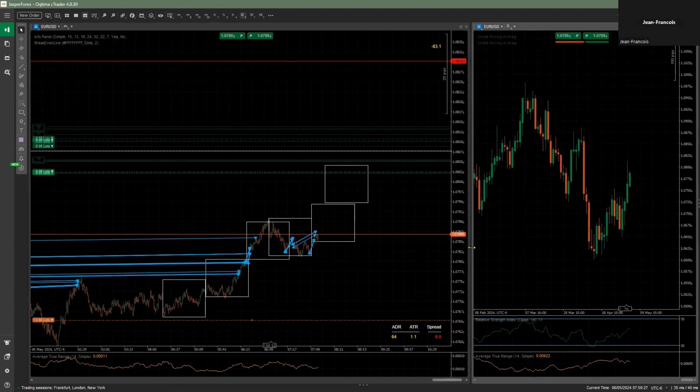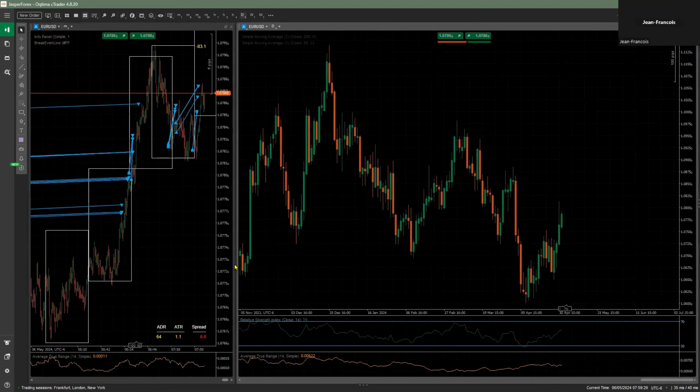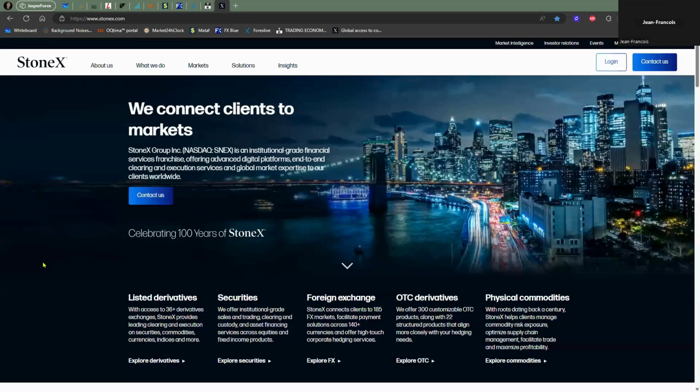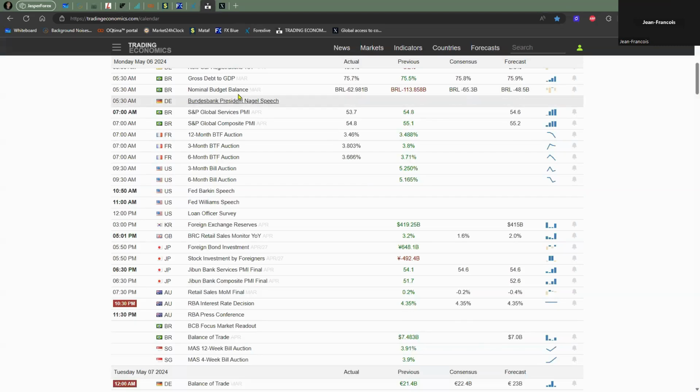So, daily chart and calendar. Where's the calendar? When we look at the calendar for today, Monday, there's very little for us to worry about. We should likely be done by 9:30.